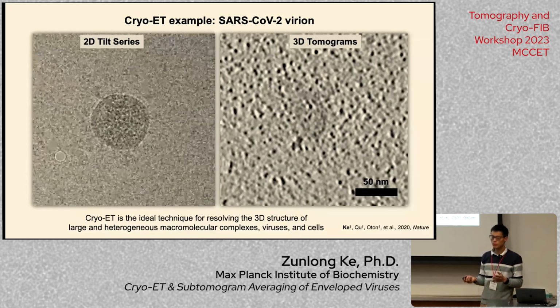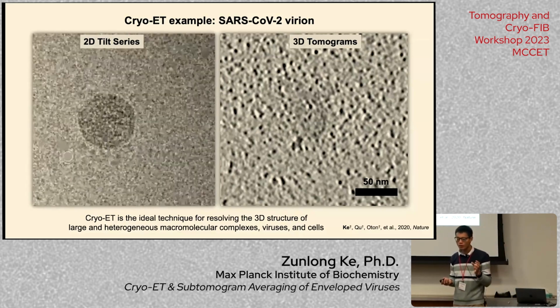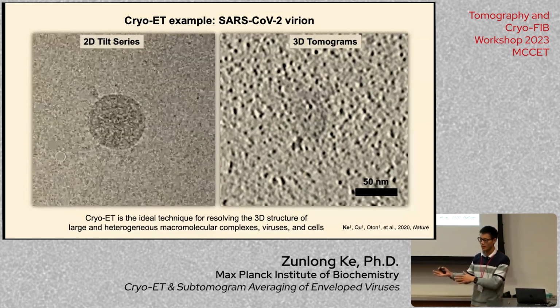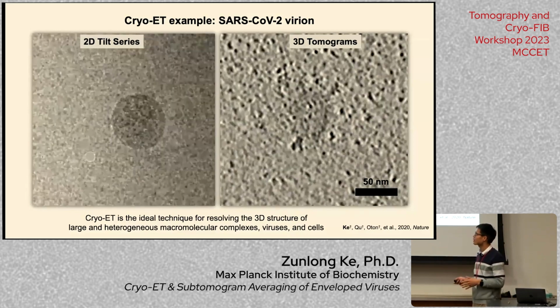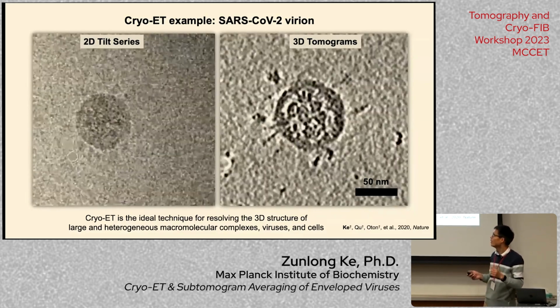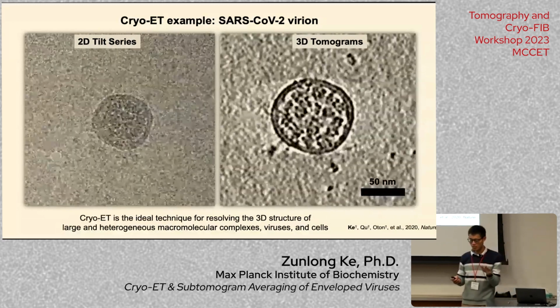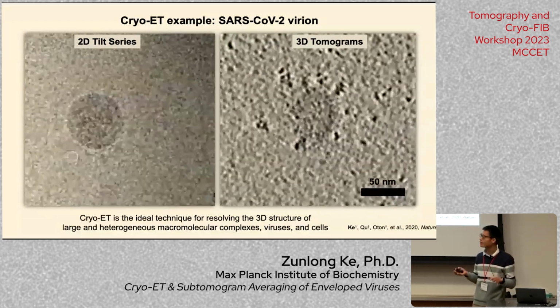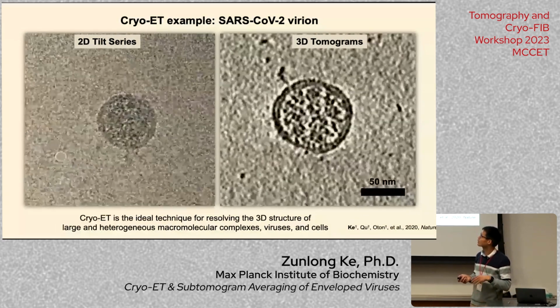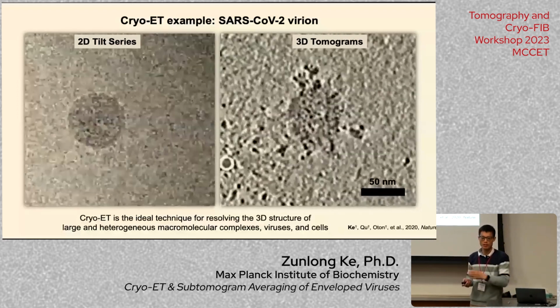The goal is to see whether we can get the spike structure from the virions instead of from the isolated proteins. On the left is the 2D tilt series, and on the right is a tomogram. In each tomographic slice you can see the spikes really well, protruding out from the membrane. If you notice more, we can go over that a bit later: the different properties of the spike.